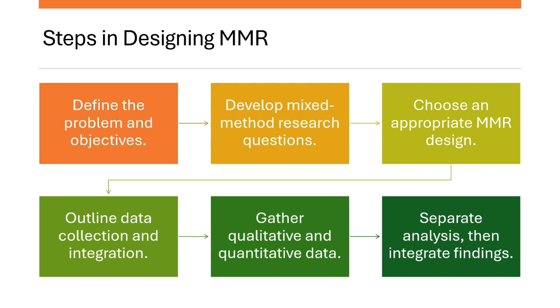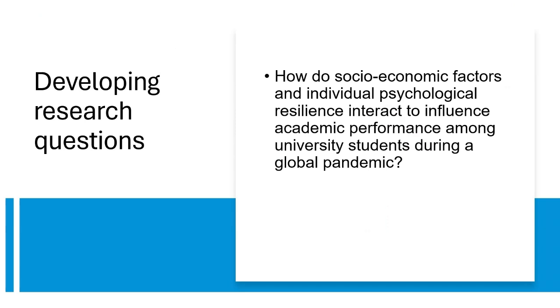So just going back to developing the research questions, let me give you some examples. Remember, we said we are addressing more complex problems and more complex questions. So for instance, how do socioeconomic factors and individual psychological resilience interact to influence academic performance among university students during a global pandemic?